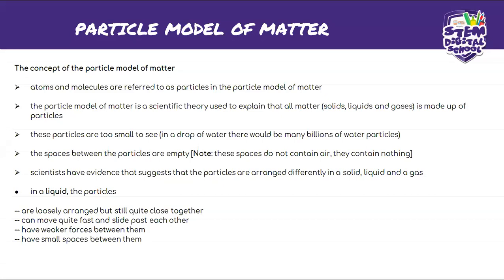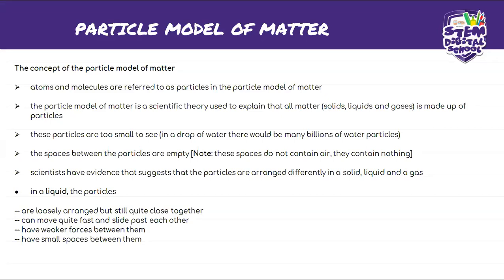These particles are too small to see. In a drop of water, there would be many billions of water particles. Let's take note: the spaces between the particles are empty. Note, these spaces do not contain air, they contain nothing.